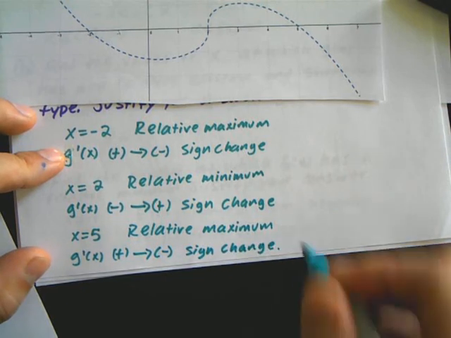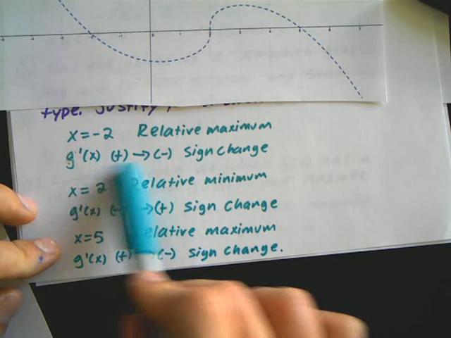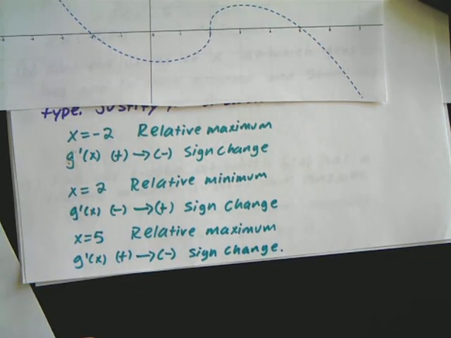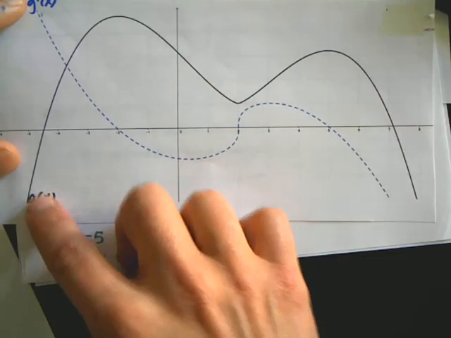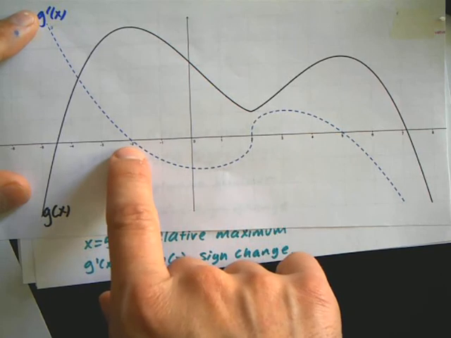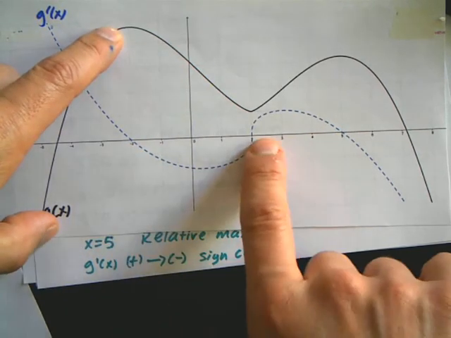So to justify, you have to state the type of sign change that occurs. You could have either written it out in symbols like this, or you could have written it out in words, would have been fine. And then to confirm our answers, here's the graph of the function along with the derivative. You can see at -2, there's a maximum, so there's a little hilltop. At +2, there's a minimum.